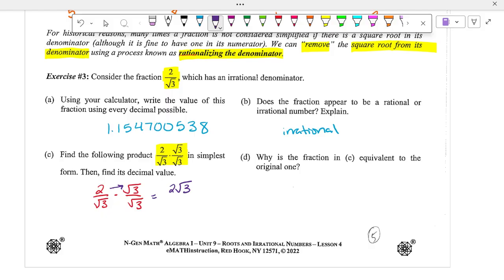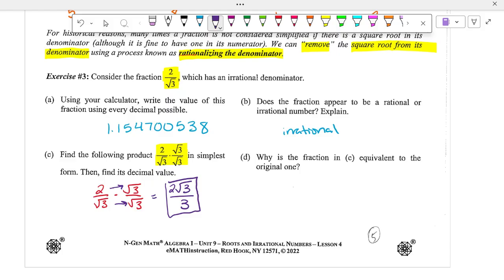Now, we all know that the square root of 3 times the square root of 3, not over 3, sorry, what would that be? 3. So this is technically our rationalized fraction. Now take a minute and put that in your calculator. All right.